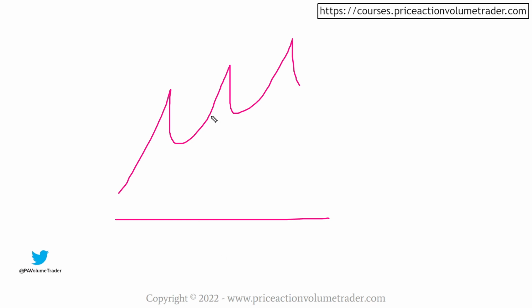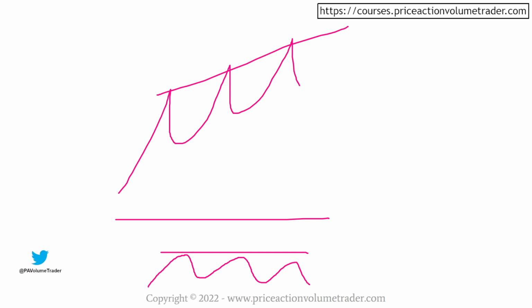And by divergence I mean that, let's say, price is making a triple drive to the upside, but then our MACD lines are going to be making a descending divergence. So this is what we would call regular bearish divergence. Price is making a new high, MACD making a new low.